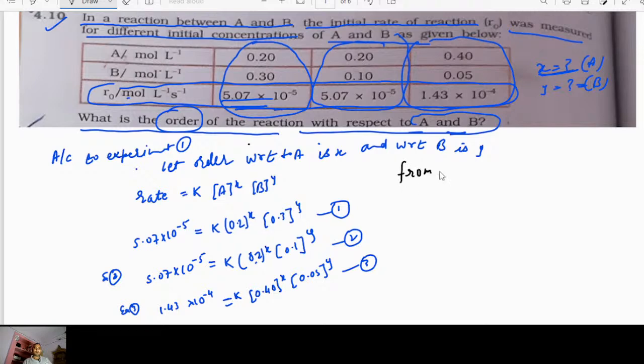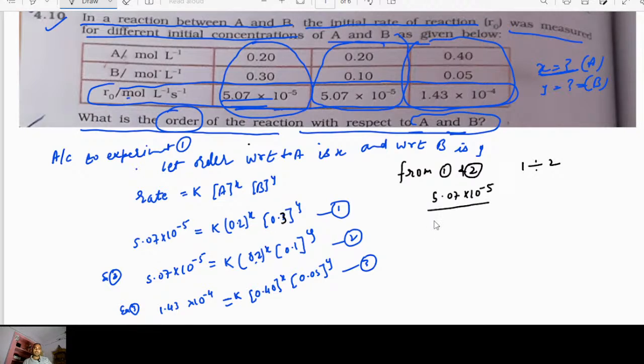From 1 and 2, see which one is the larger one. Here is the concentration of B, here it is 0.3, here 0.1. So you can divide equation 1 by 2. So 1 by 2 means 5.07 into 10 power minus 5.